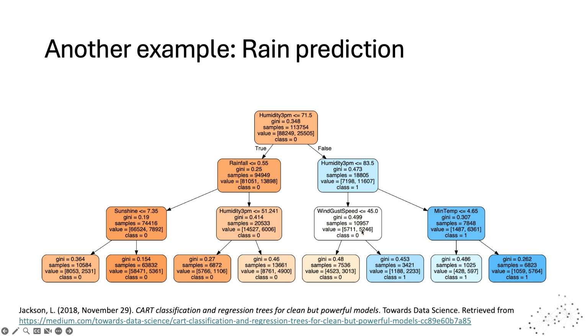And here is another condition: if wind gust is, for example, higher than 45, then probably tomorrow will be rain. Otherwise there will not be rain. And there are some other conditions. For example, if humidity is less than 74.5, and there is a rainfall condition, and humidity, sunshine. As you can see, in most cases the classes are classified as no rain tomorrow.